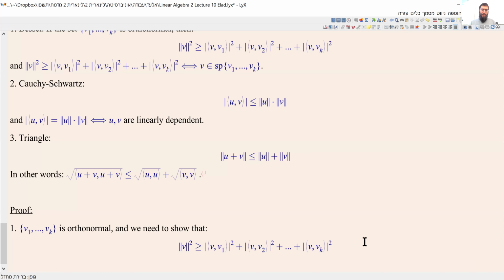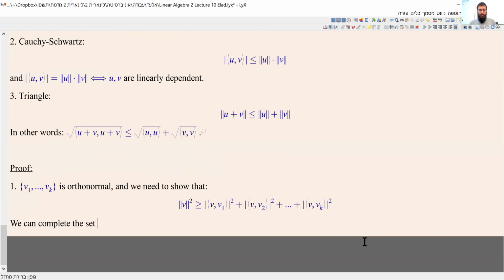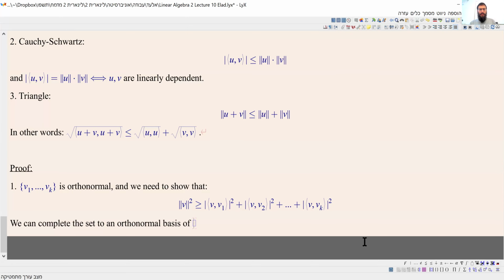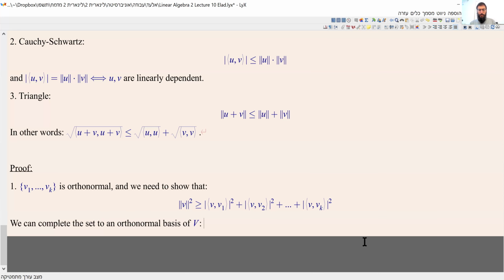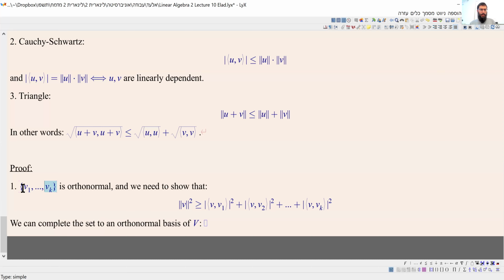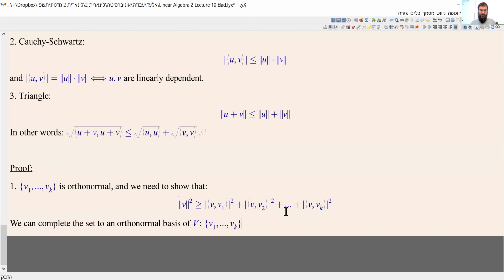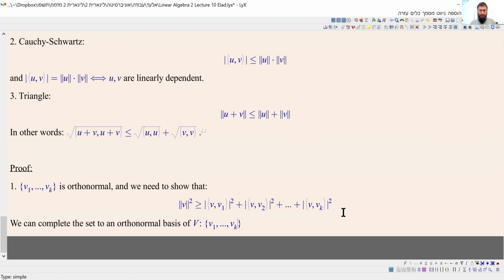As we've already mentioned, we can complete the set to an orthonormal basis of V, by adding the following vectors: Vk plus 1, and so on up to Vn.